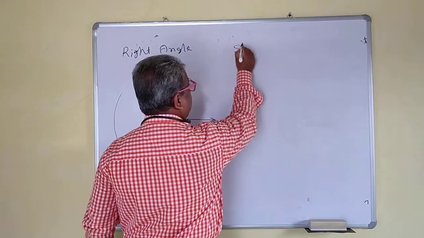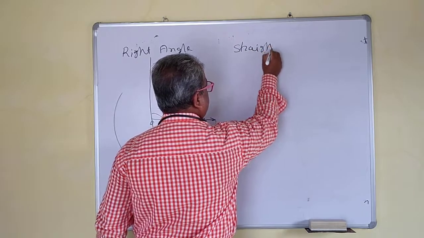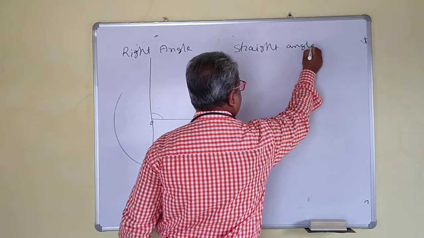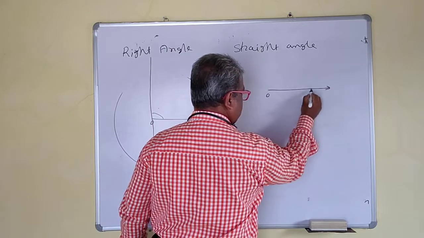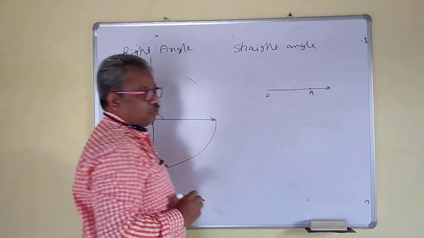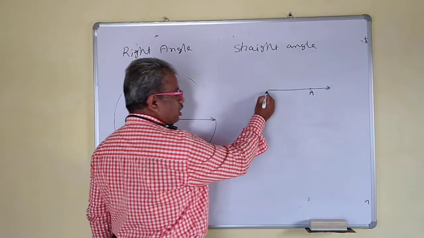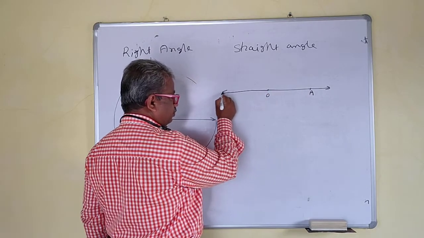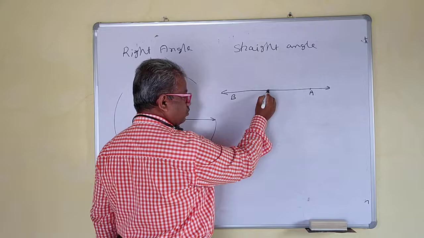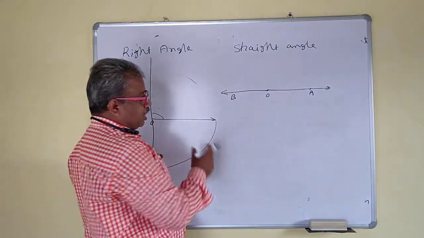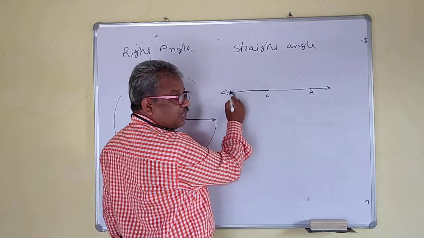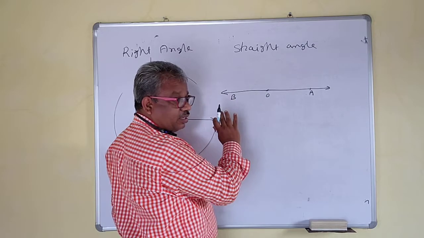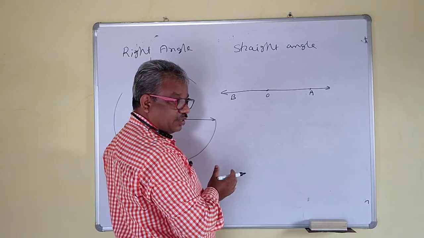Now straight angle. So suppose this OA is your initial arm. So straight angle means what? Initial arm and terminal arm are in the opposite direction. Right?